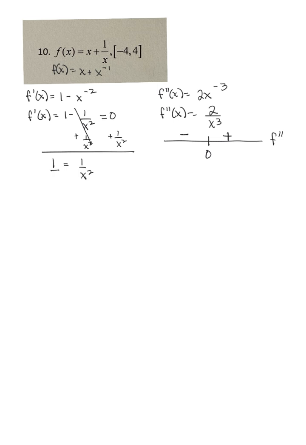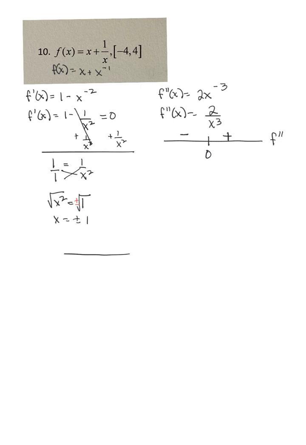So if I cross multiply here, I get x squared equals, and if I cross multiply here, I get 1. Okay, and now to find x, I'm going to take the square root, but you have to be very careful. Remember, when you take the square root, you need a plus or minus. Okay, so then I have x equals plus or minus 1.